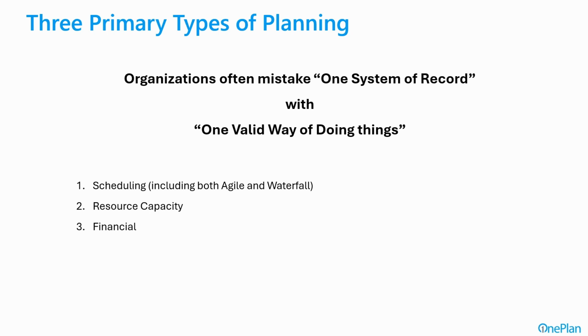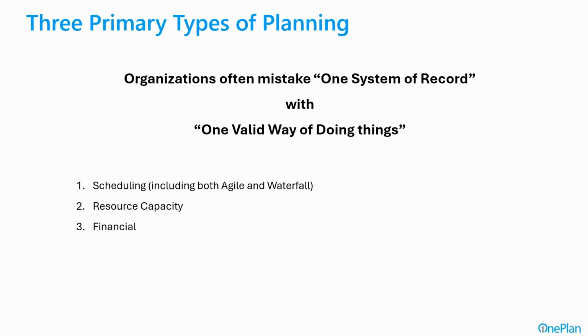Project dates and/or deliverables may be the secondary concern. And finally, there's financial. Again, OnePlan supports this as well. This approach starts with money that can be spent, money that must be spent, revenue that must be generated. It may or may not overlap with resource capacity planning and scheduling.